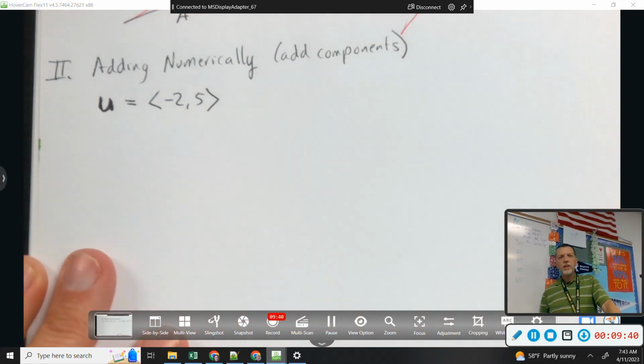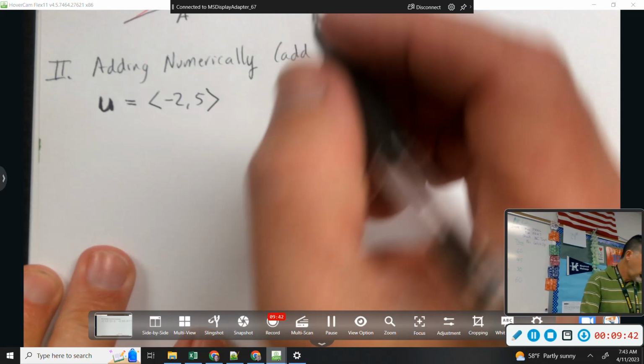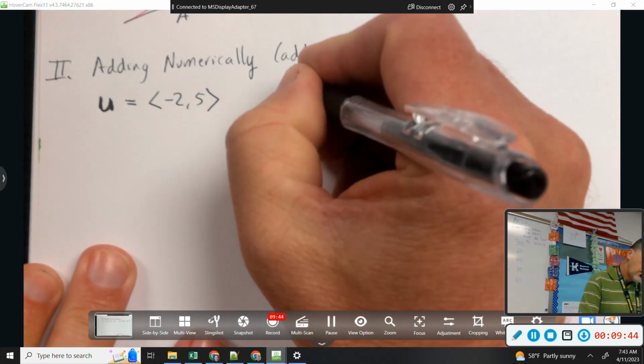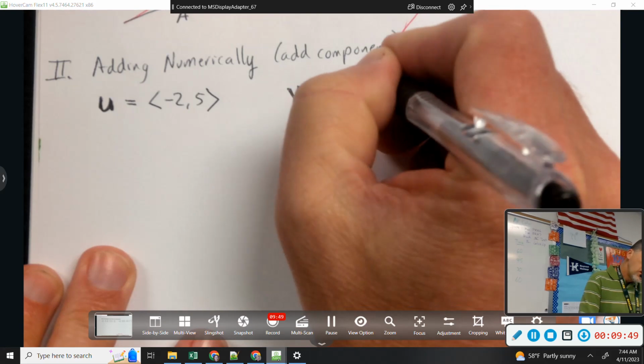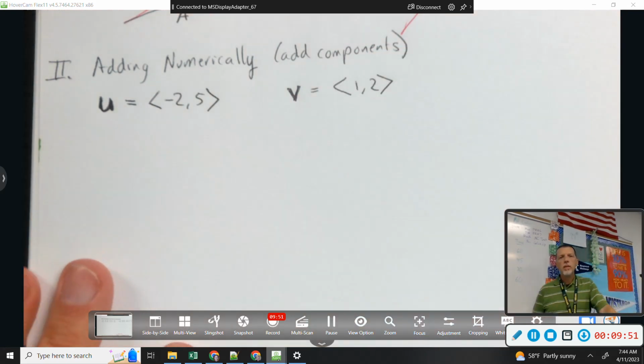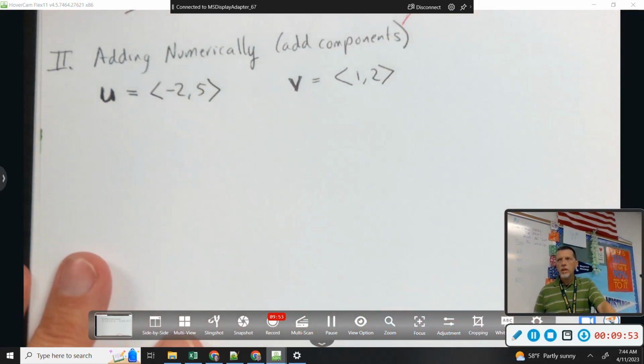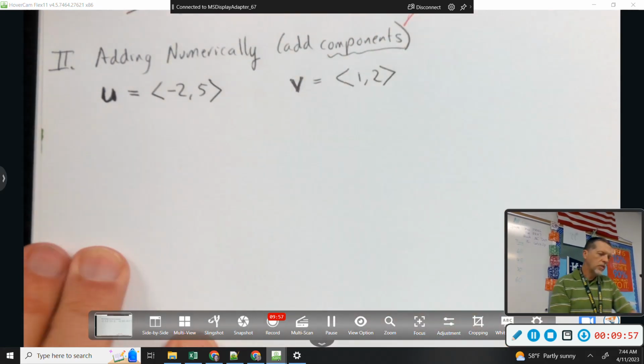So let's say vector u is ⟨-2, 5⟩, and vector v is ⟨1, 2⟩. That's the x and y components of those vectors.